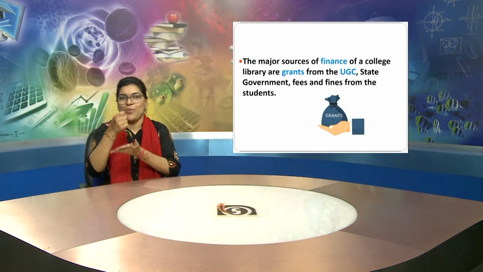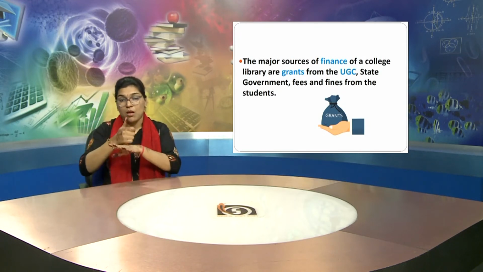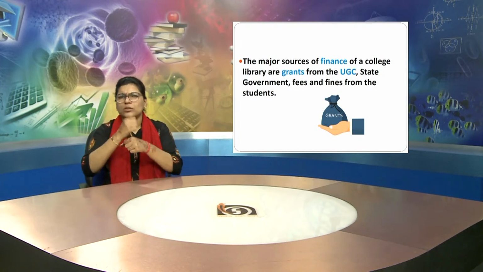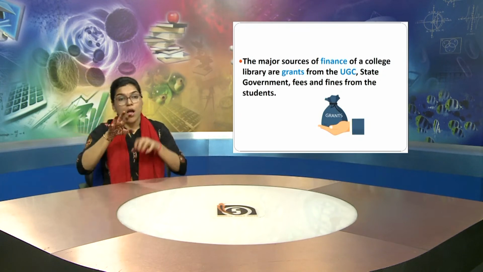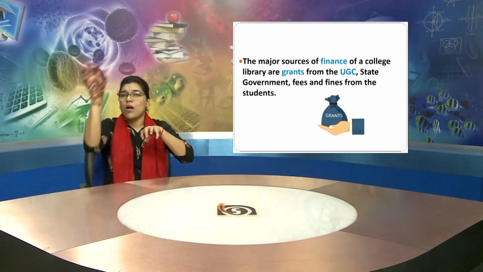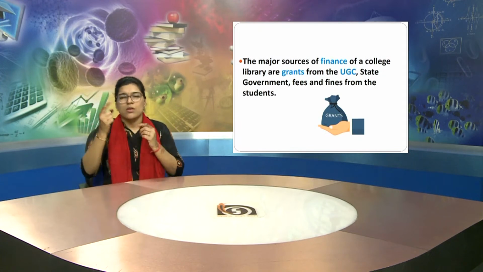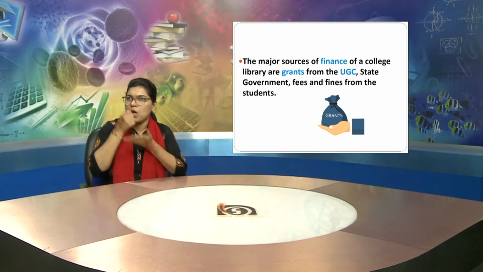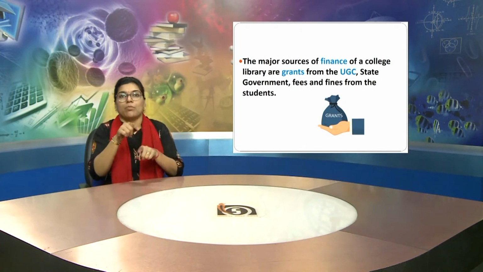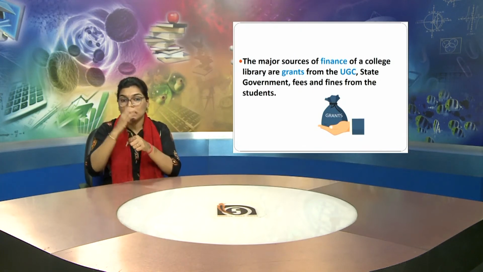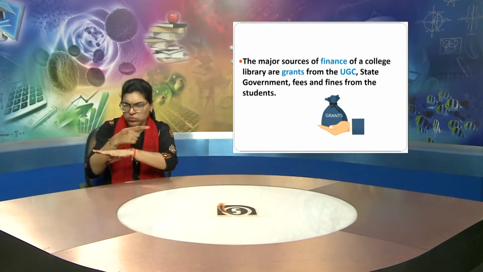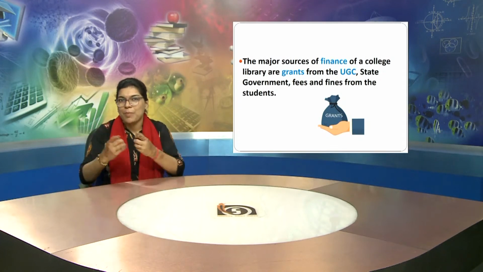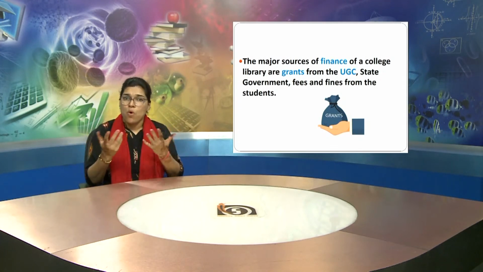And the major source of finance of a college library is grants from the UGC and the state government, and also sometimes fees and fines are taken from the students. So that helps to provide the funding which is necessary for getting the necessary material like books, equipment or anything which is needed there.